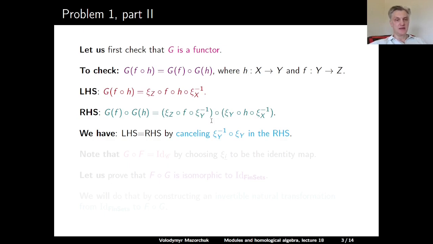So this proves that the left-hand side of our equality is equal to the right-hand side and shows that G is indeed a functor.